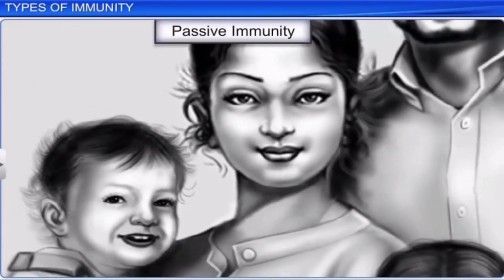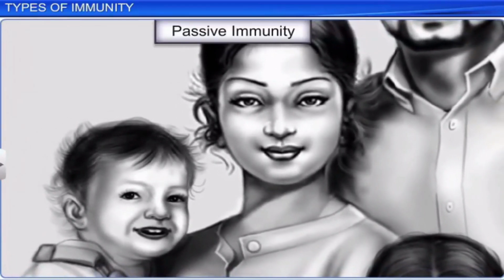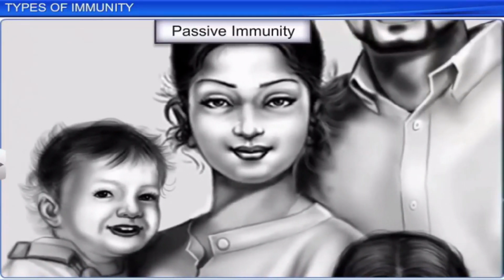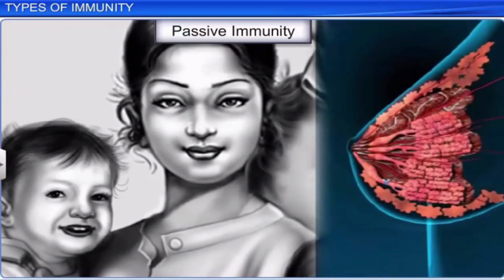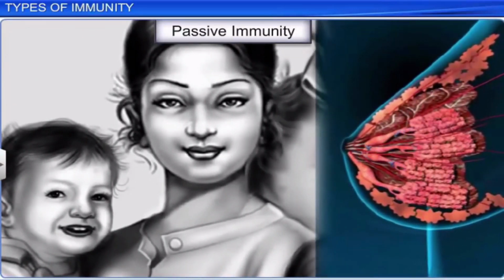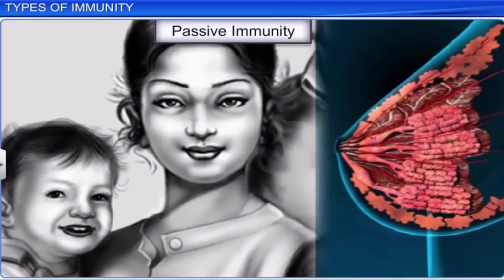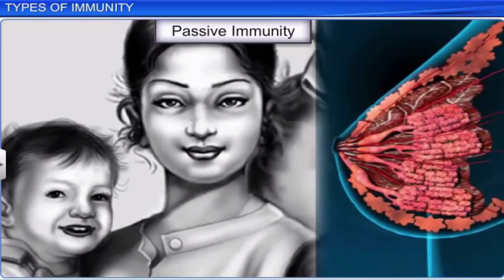Likewise, during the initial days of lactation, mother's milk contains a yellowish fluid called colostrum that has copious amounts of the antibody IgA. Therefore, mother's milk also provides passive immunity to babies.